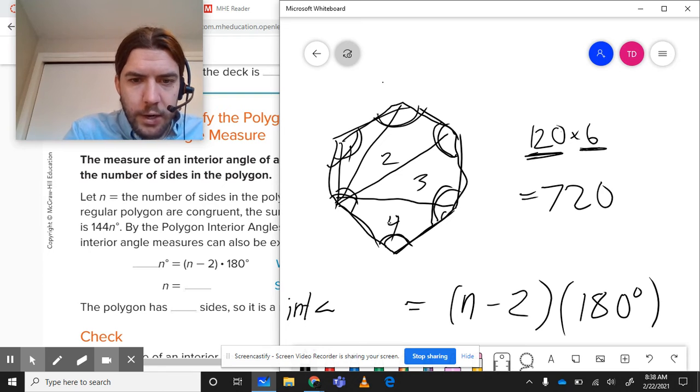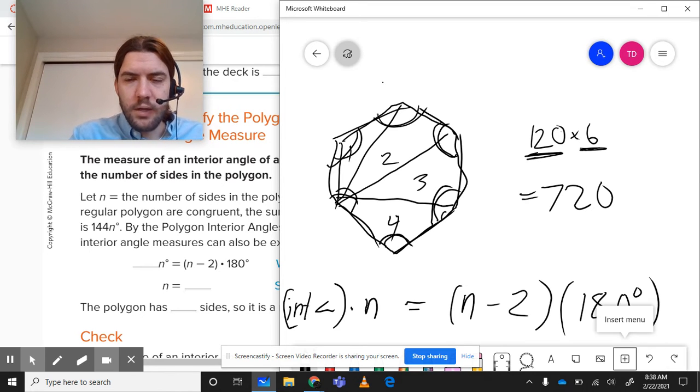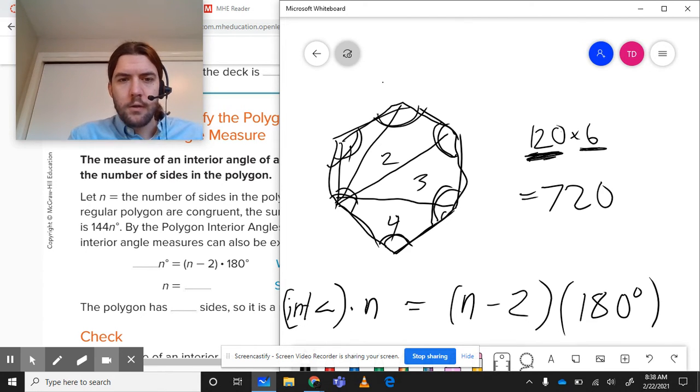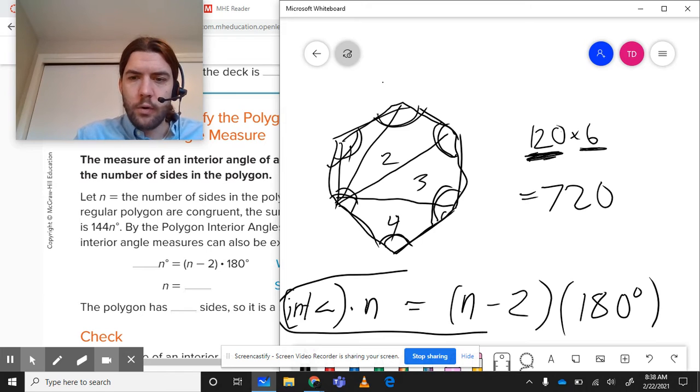My interior angle multiplied by the number of angles there's going to be, right? Because if one of my interior angles is 120, I have to multiply it by 6 to get the sum. And this was going to be our sum formula. So this is just a slightly more detailed way to write it.